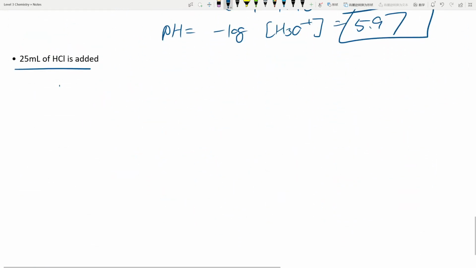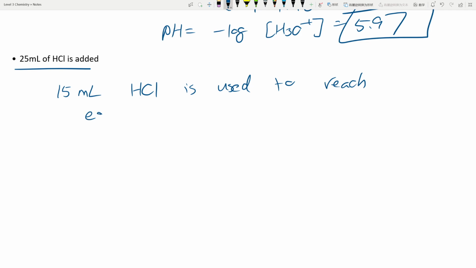We used 15 mils of HCl to reach the equivalence point. Okay, because that's what we figured out in the previous question. So anything beyond 15, which is 25 minus 15, which is 10 mils, the extra HCl, these guys are the strong acid.